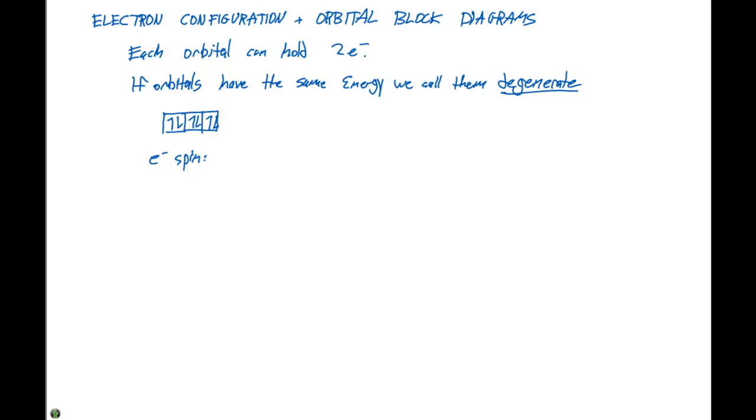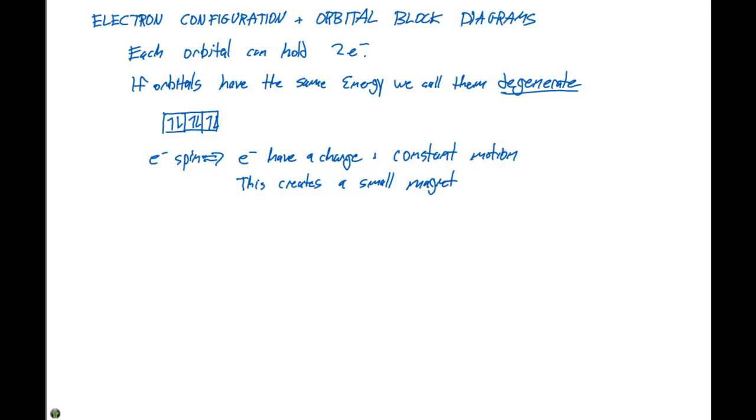Okay, so with electron spin, we can say that electrons have a charge, and that charge is negative. These electrons are also in constant motion. So we have 2 negatively charged particles in constant motion, and this creates a small magnetic field.